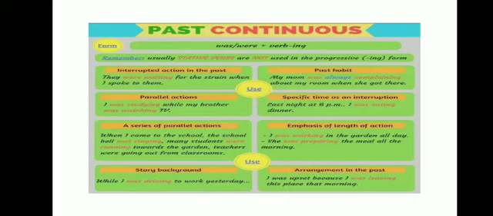Second is past continuous tense. In present continuous we use is, am, are, and in past continuous we will use was and were. Okay, was with singular and were with plural. Singular means he, she, it, name, and plural means I, you, they, we.